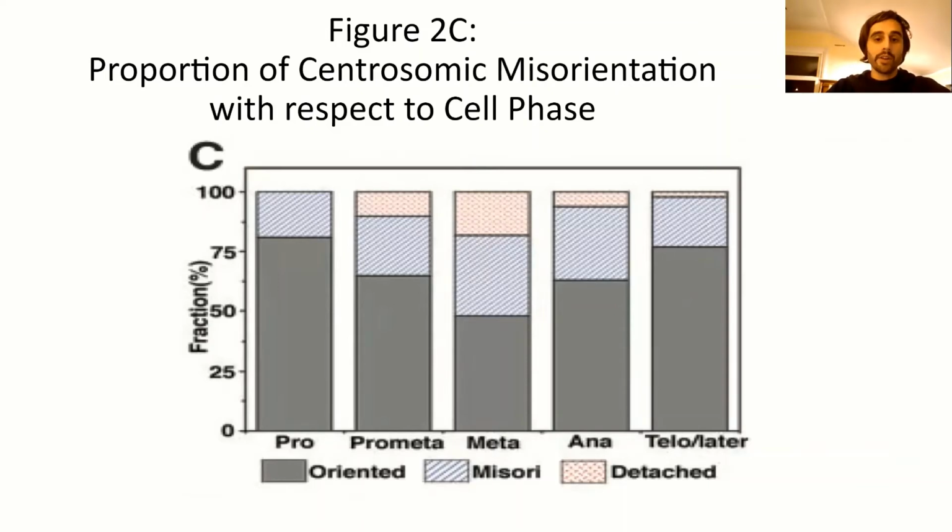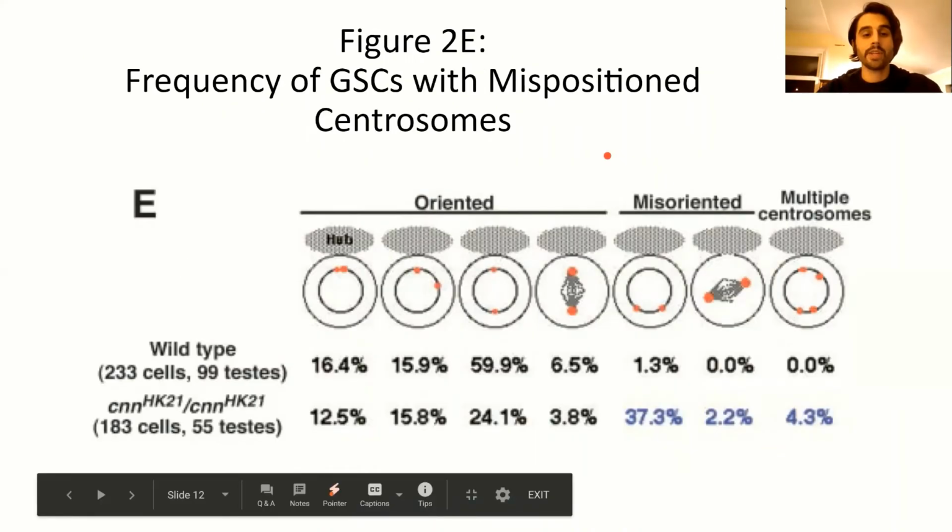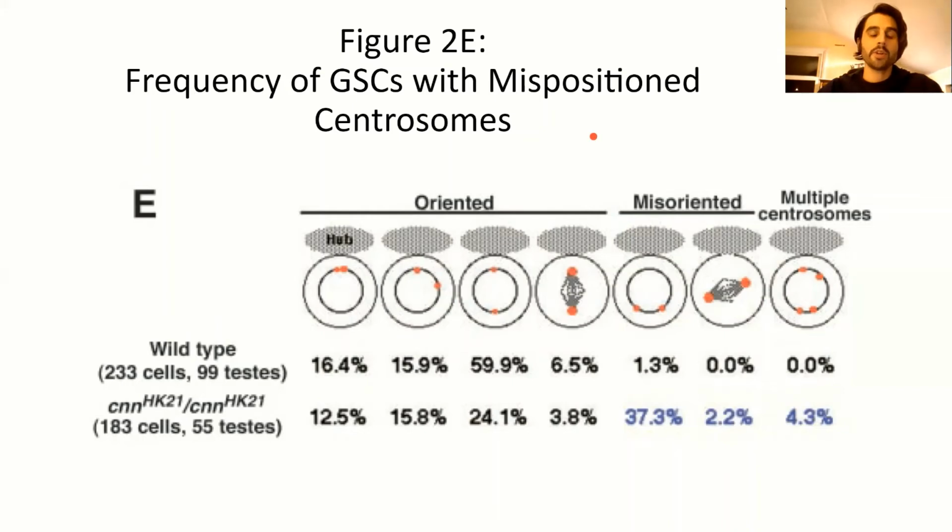Figure 2C represents the proportion of centrosomic misorientation with respect to cell phase. The highest rate of misorientation was found to be at metaphase, which makes complete sense if you think about the role of the centrosome. Figure 2E represents the frequency of germ stem cells with mispositioned centrosomes according to the conformation of the centrosomes.